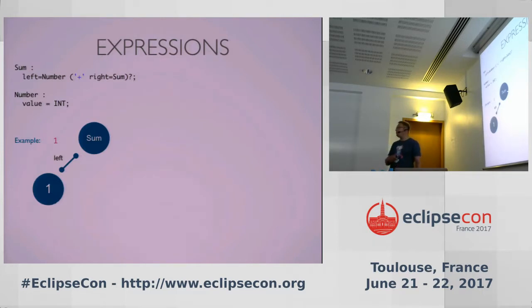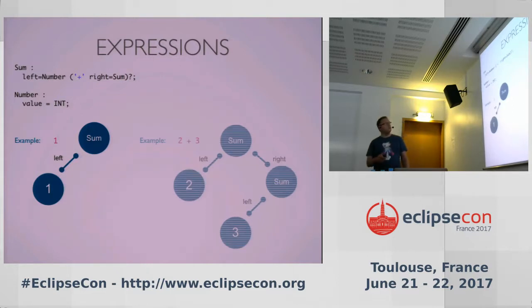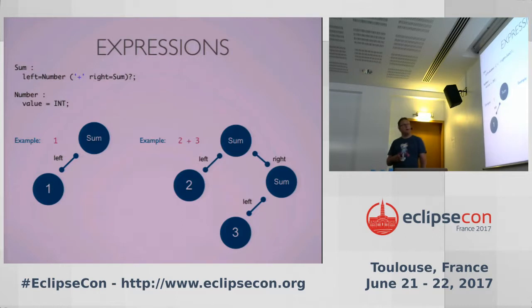If we enter 1, this would lead to the fact that first the number is instantiated, together with a sum object, and without a right option. If we make this with the plus operator, then things get even worse. We have a sum on the left with the number literal 2, and the right side is the sum without a right side. That's horrible. So fail.